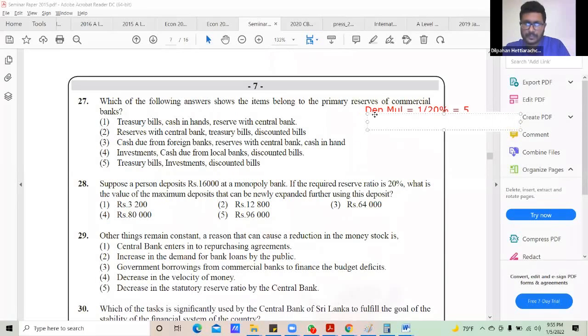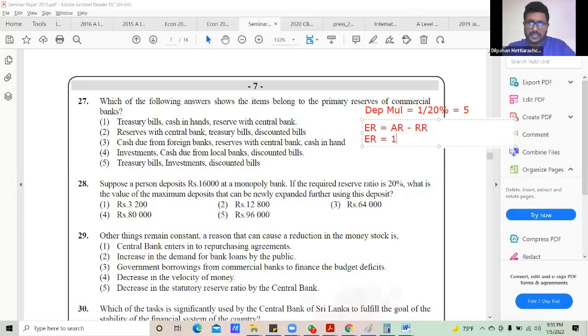Then excess reserves. Excess reserves equals actual reserve minus required reserves. Actual reserve is 16,000.